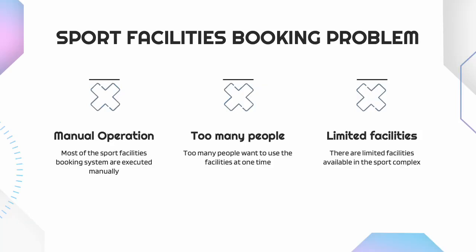And some of the problems that we found based on the sport facility booking system are the following. First one is about the manual operation, where some of the sport complexes still use manual operation to allow people to come and book their slot to get the court or the field.